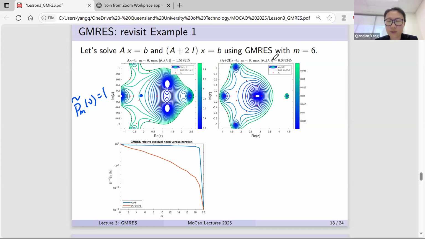It's 0.03 something. What we have on this plot is that all my eigenvalues are on the right half plane. I don't have anything on the left half plane, not like the original problem.